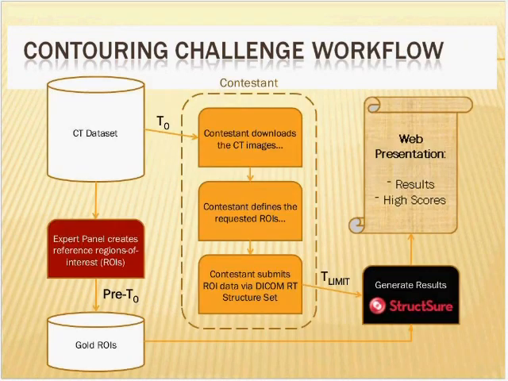The CT data set was not only downloaded on that certain day, but it was also given to the expert panel to create the gold ROIs, so it was reviewed by several sources. On that specific day, we did want to make it somewhat time limited. We didn't want to give people a week to go study their anatomy books and create their contours. So we accepted any structures that were returned within half a day on the day of the contest.